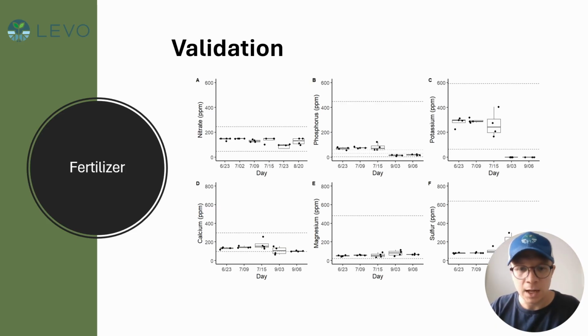And so we went and we validated our approach for our own systems, and this is some data that I have from a pepper trial. And we found that the values of those specific nutrients stayed within the optimal ranges using this approach.